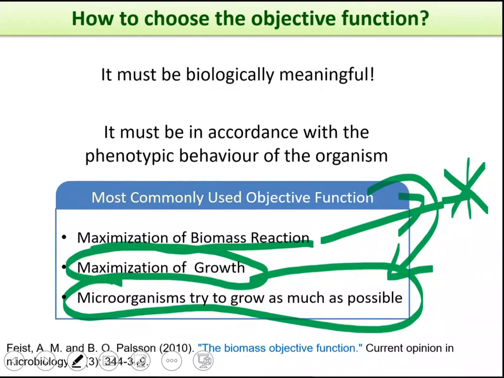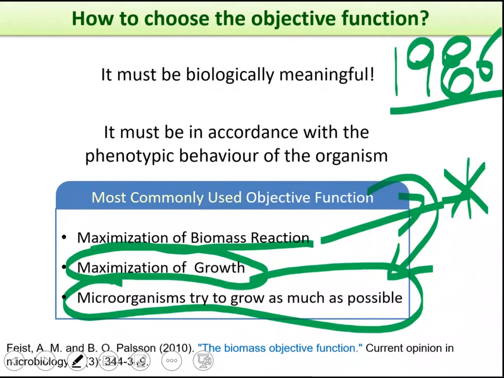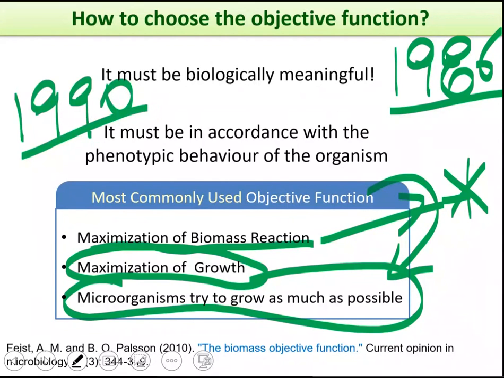the first example of FBA in 1986 was for adipose tissue, so it wasn't microorganisms. They used a different objective function, minimization of glucose consumption. But in the 90s, examples with microorganisms started to appear, and they always used maximization of biomass reaction.